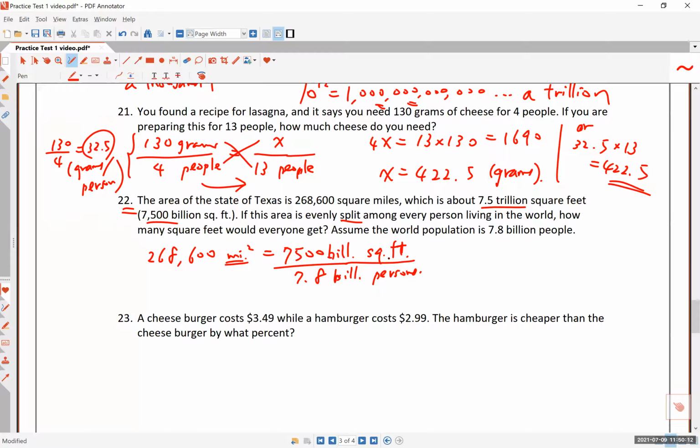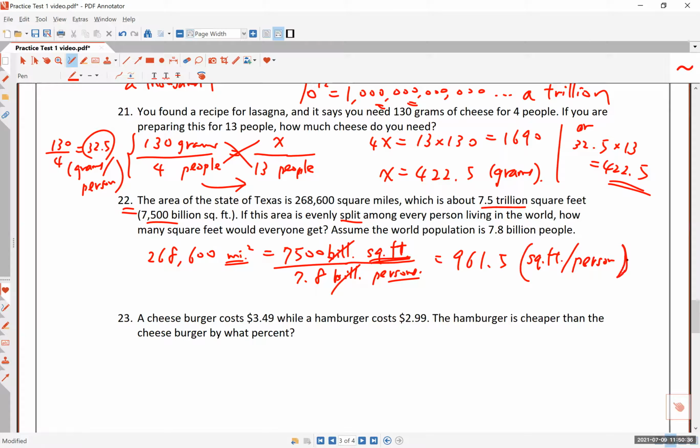If you want to include the units, it's square feet per person. And on the top and on the bottom, you have a billion, so you can cancel the billions. And the answer really is going to be 7,500 divided by 7.8, which is 961.5 square feet per person.